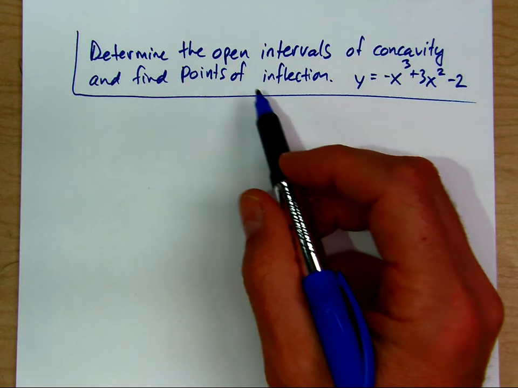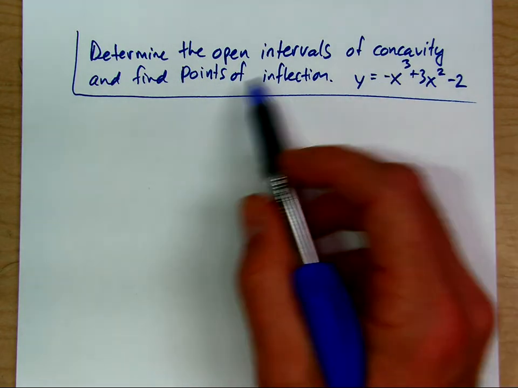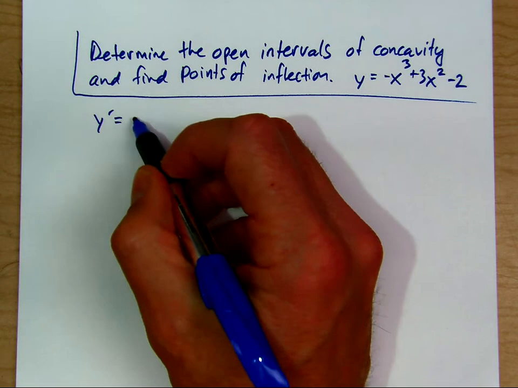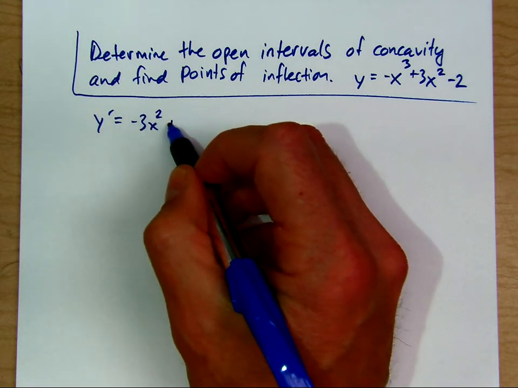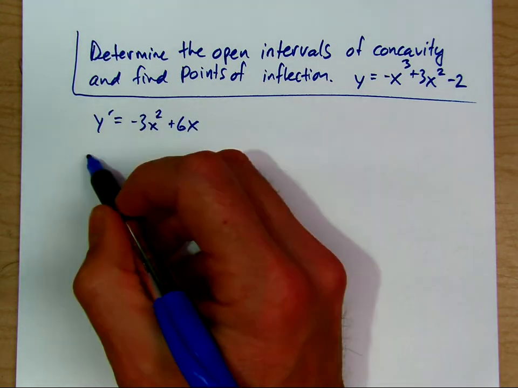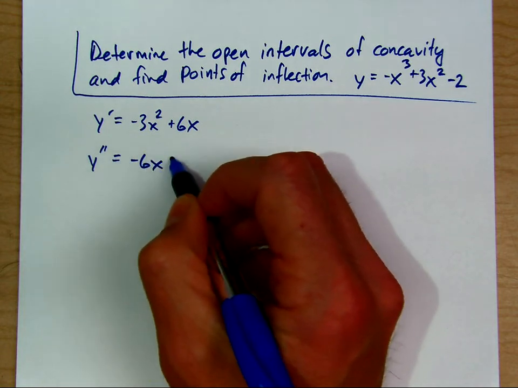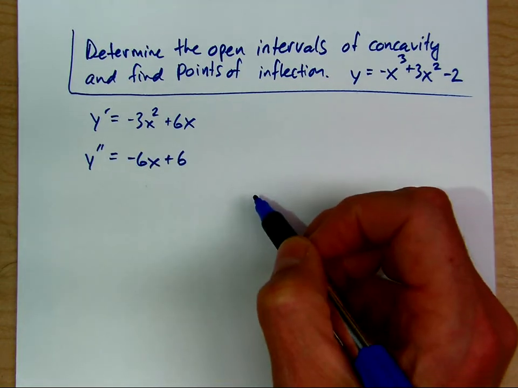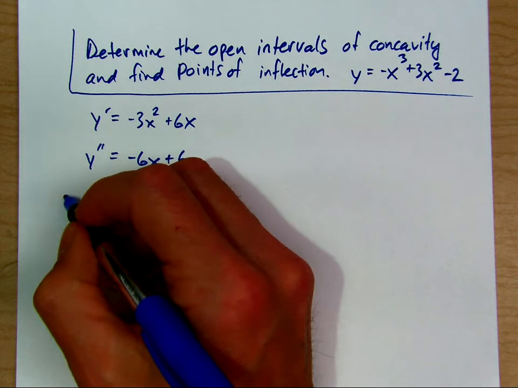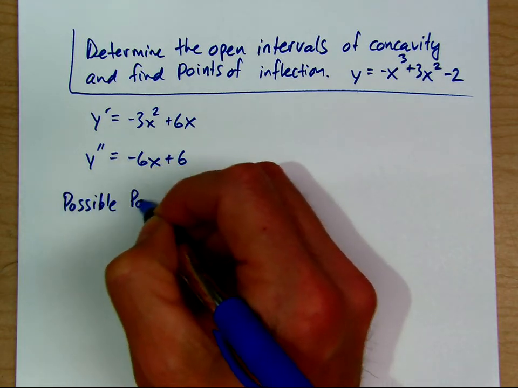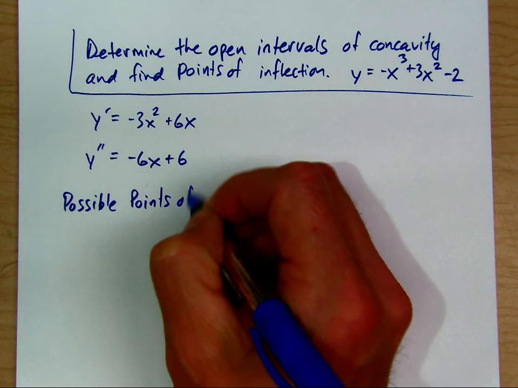Okay, so for concavity and points of inflection, we need the second derivative. The first derivative is negative 3x squared plus 6x. We need the second derivative, negative 6x plus 6. And let's find the possible points of inflection.